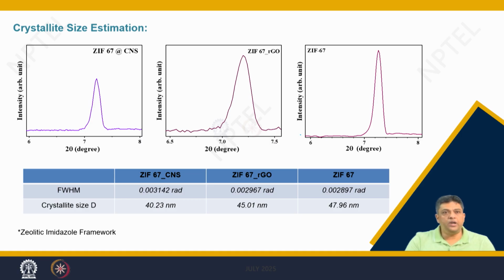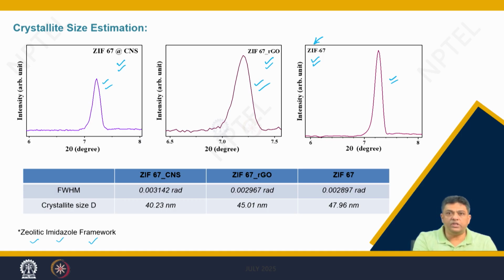So, for example, you have the ZIF, which stands for zeolitic imidazole framework like structures, which are deposited or grown on carbon nanospheres or reduced graphene oxide, or pure ZIF 67, which is a cobalt based interlinked system. Now, you can see that the nature of the curves are changing.